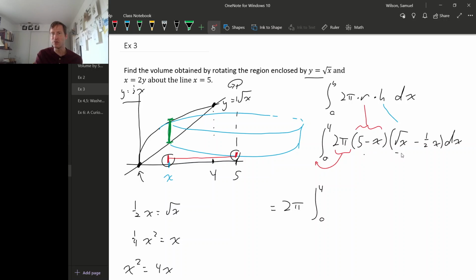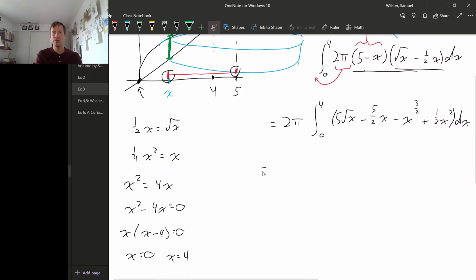And now I'm going to multiply this whole mess out. So 5 times square root of x, 5 times minus 1/2 x, so minus 5 halves x, and then minus x times square root of x, so minus x to the 3 halves, and then plus 1/2 x squared dx.